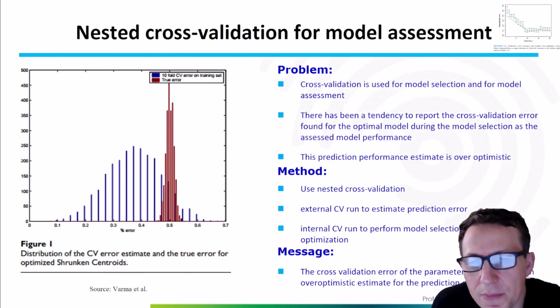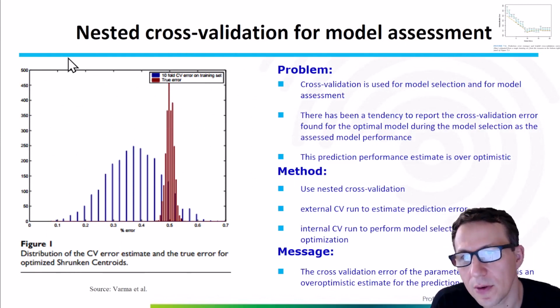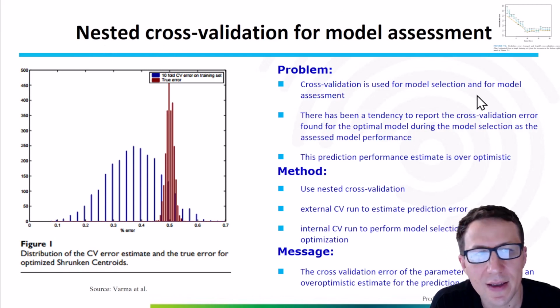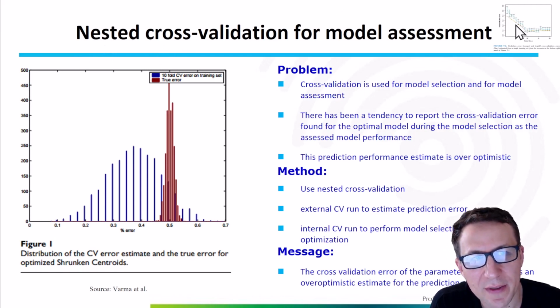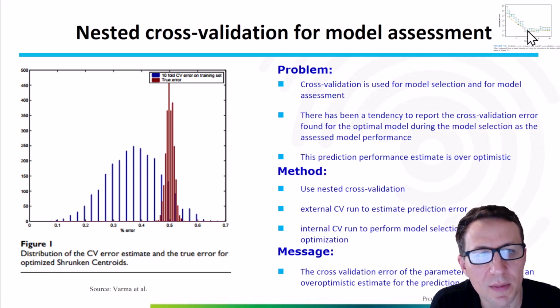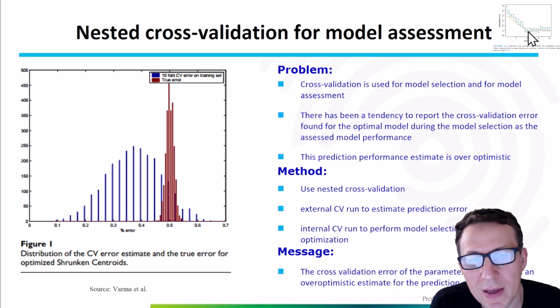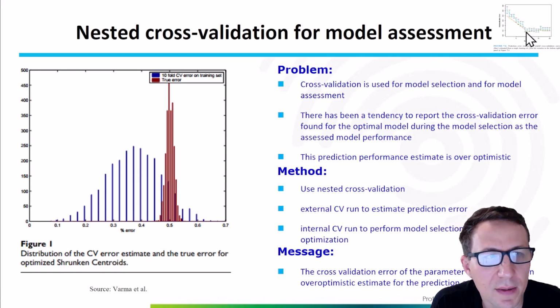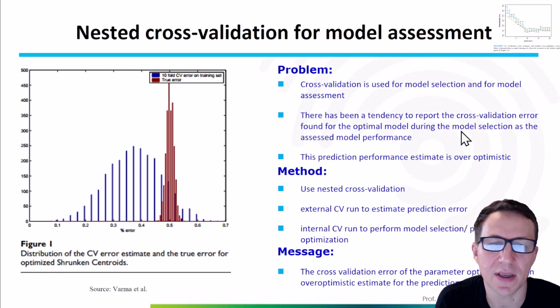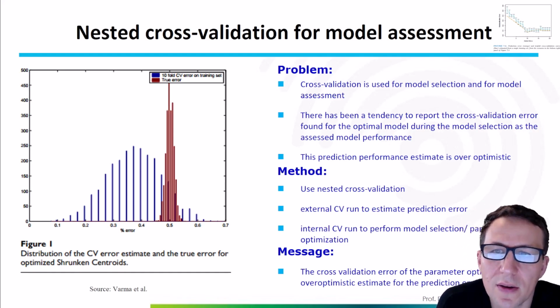The next concept to avoid a pitfall is called nested cross-validation. It comes down to this plot again that we talked about before, where you do cross-validation for your complexity parameter, identify the minimum here, and then assume that this minimum gives you a fair performance evaluation. That's not true. If you do this cross-validation run for fitting your hyperparameter, then the minimum you obtained is not your generalization error. It's not the error you would see on new data.